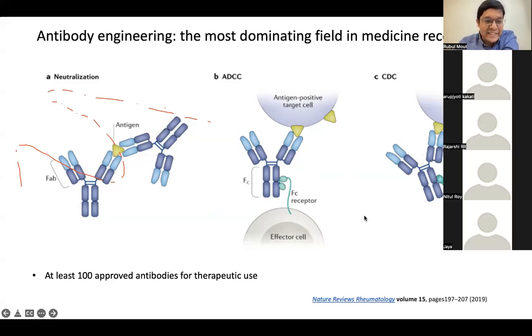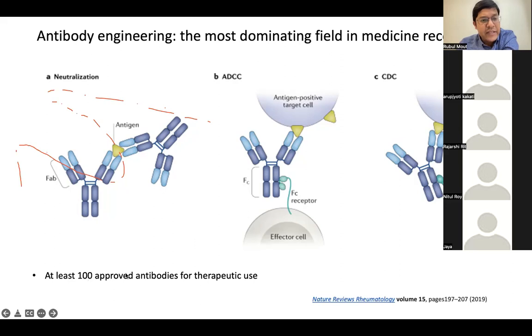And as I said, antibodies are one of the major medicinal candidates, and there has been a huge effort for engineering antibodies. I would say the entire pharmaceutical industry and the biotechnology industry, the majority of the projects right now, the majority of the efforts are towards engineering antibodies.